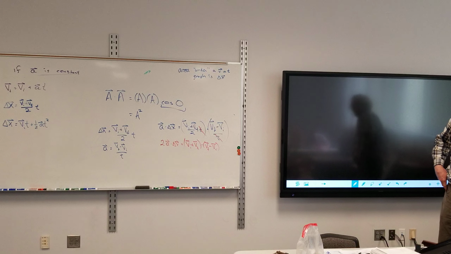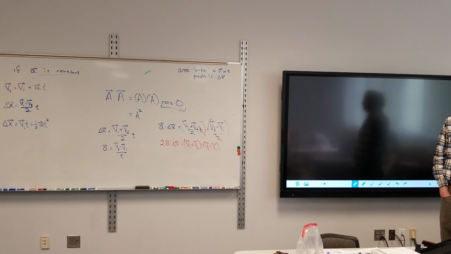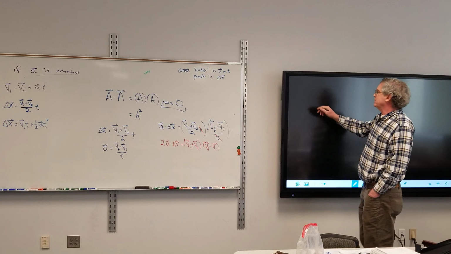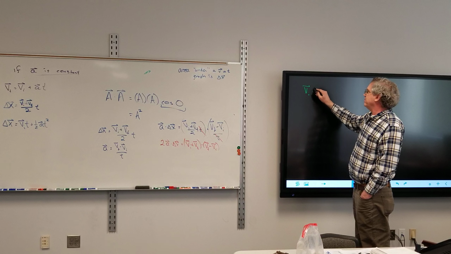Now, I have 2 vectors expressed as binomials and I'm doing a dot product. What would we do in algebra? FOIL. Yep. So if I multiply the first ones, looking at just the right side, I get VI dot VF.